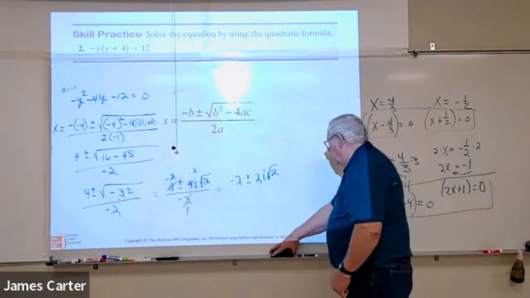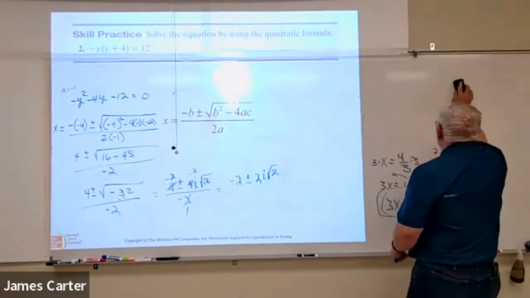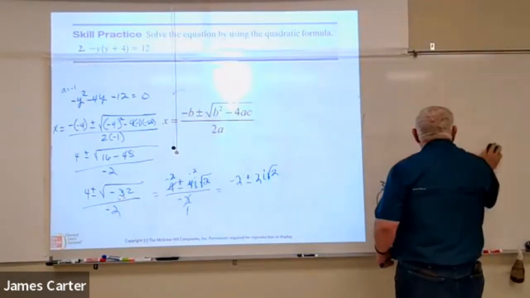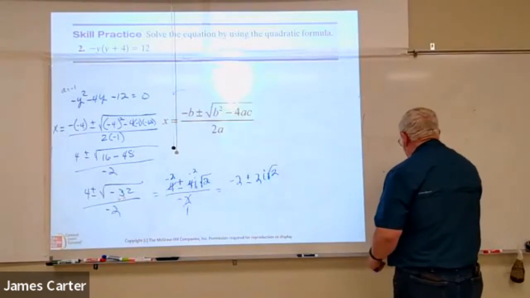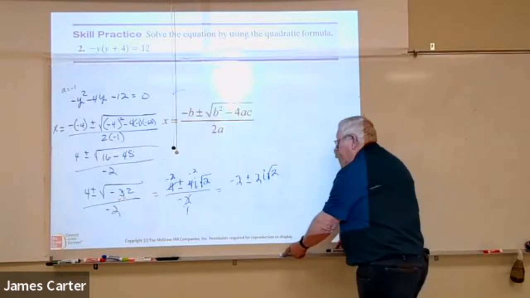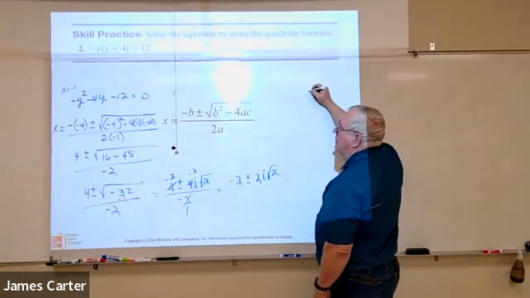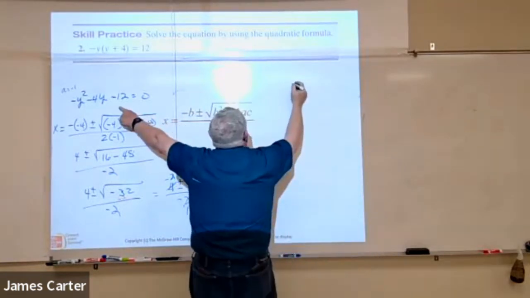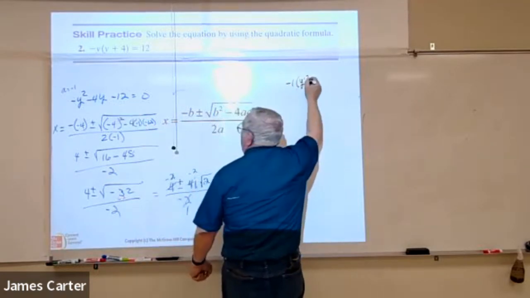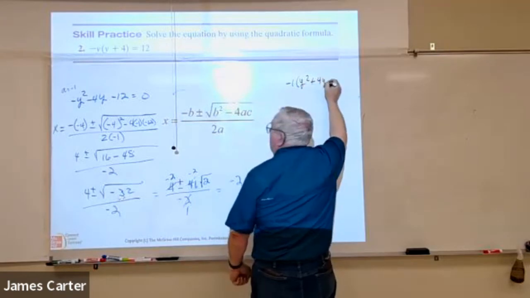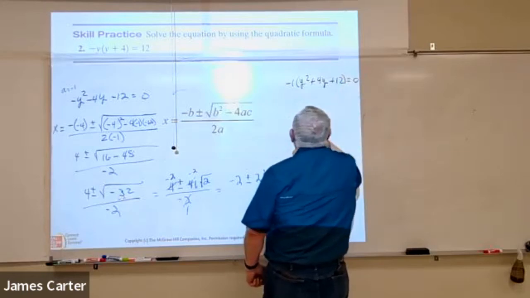Now let's see what happens if we factor out that negative 1 in the beginning. Okay, here I'm going to factor out the -1, which gives me y squared plus 4y plus 12 equals 0.